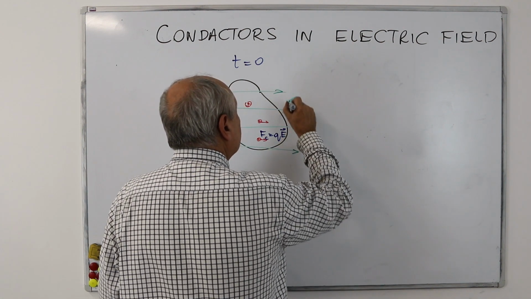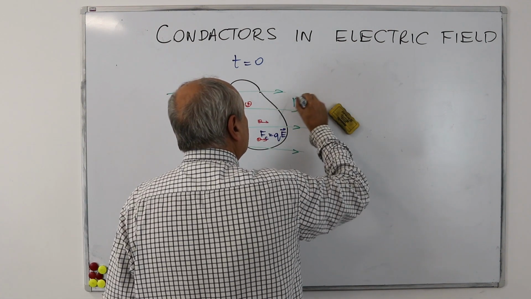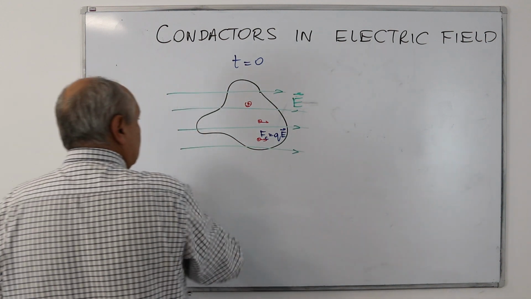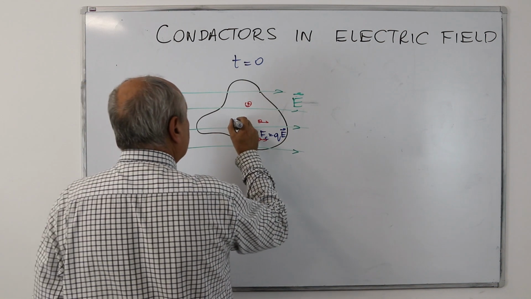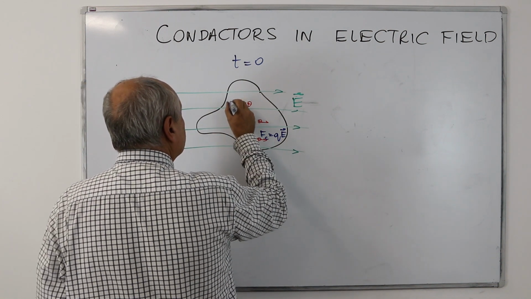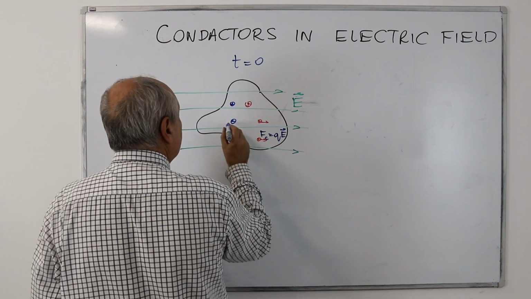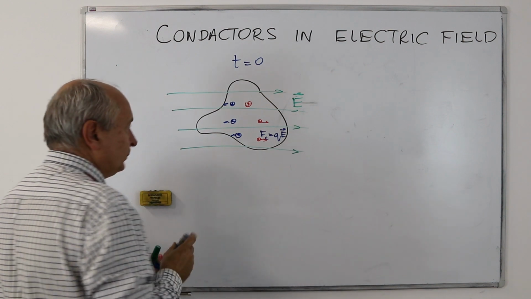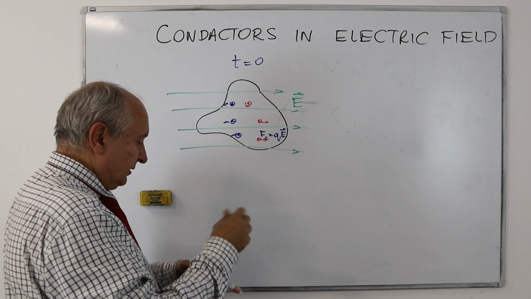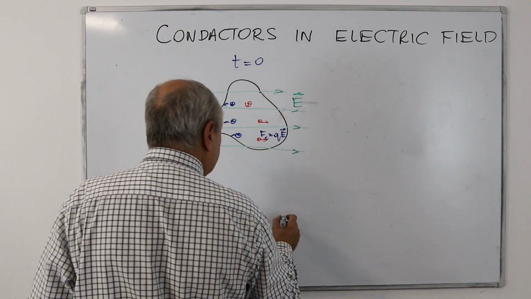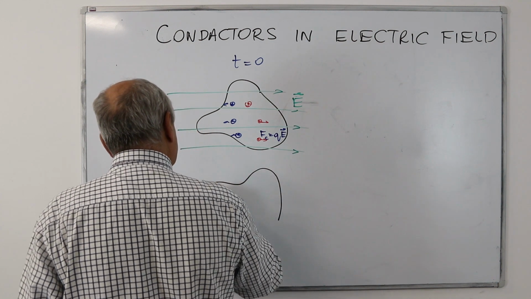This is the electric field. At the same moment, negative charges go in the opposite direction. And after a time that we call relaxation time, we obtain a stable static situation.